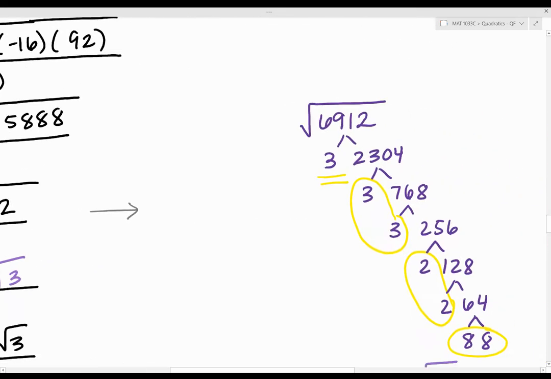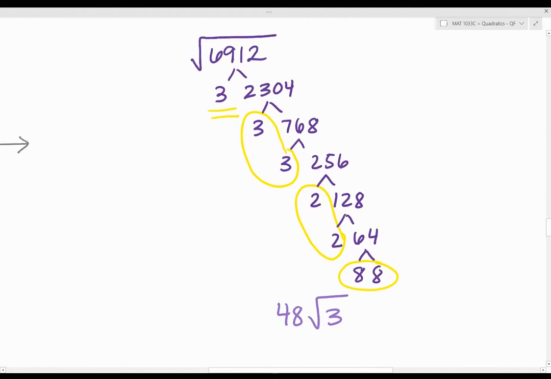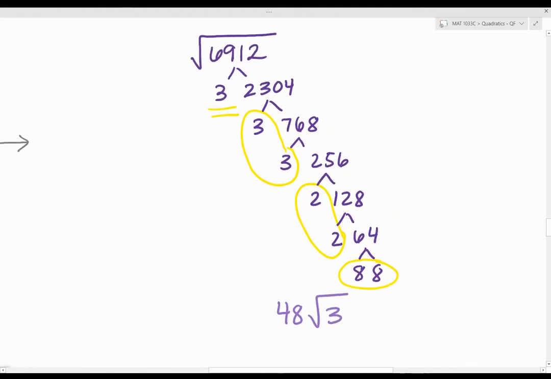We break down the square root of 6,912 into primes as follows. Since it's a square root, we pull out our numbers that are in pairs, and the number that doesn't have a pair, which is the 3, will stay underneath the radical. So we do 3 times 2 times 8, and that gives us 48 on the square root of 3.